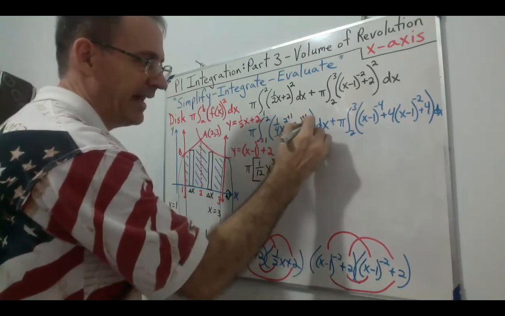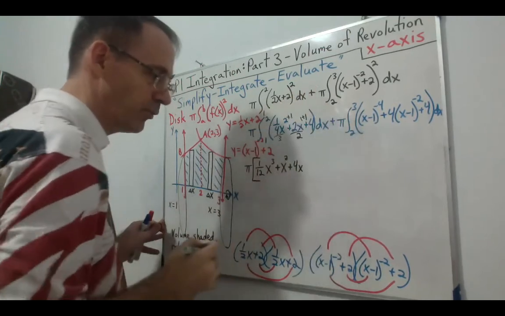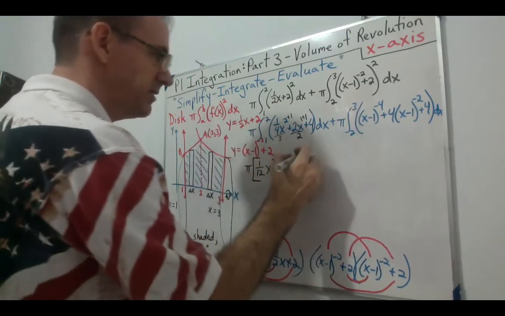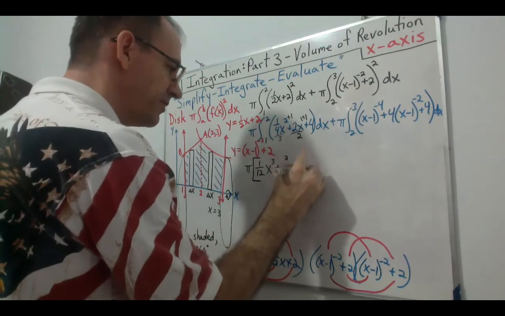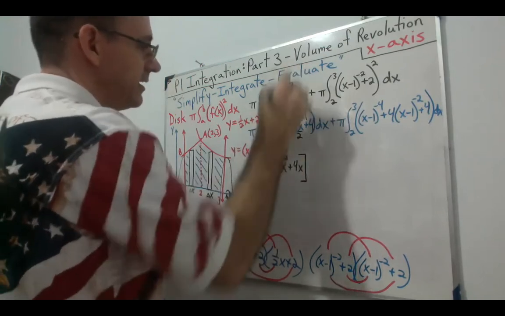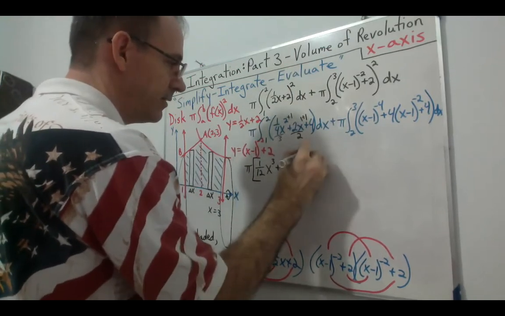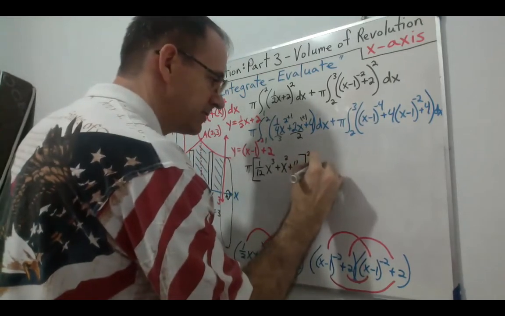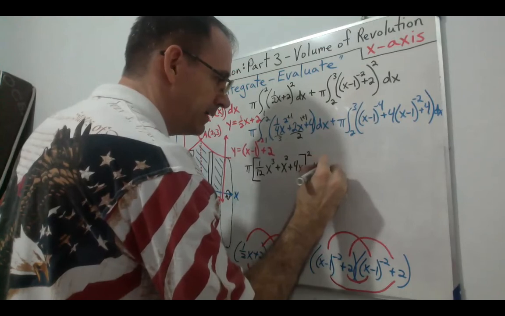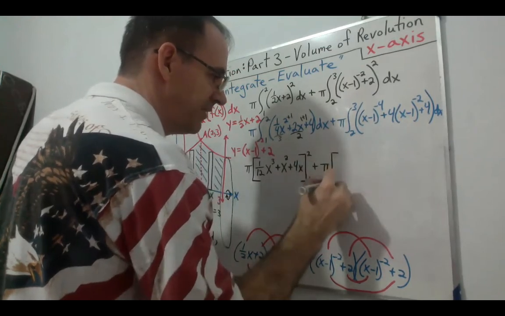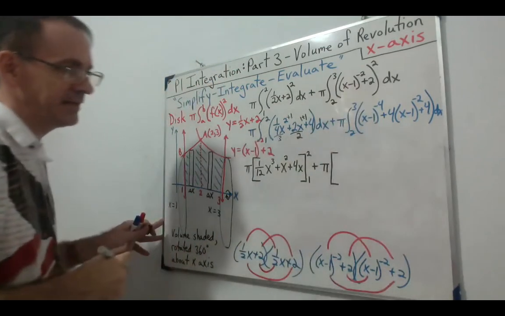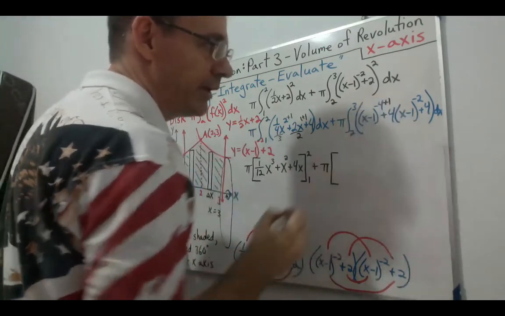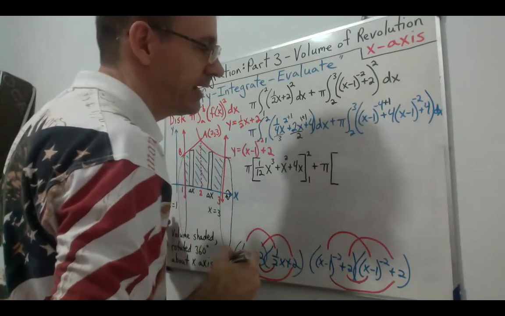So this is like an x to the 0 plus 1, you get 1 for your exponent for x, and your 4 is your constant. So this then will need to get evaluated from 1 to 2, okay? Plus pi, and again, we're integrating so we can get rid of that integral sign. Add 1, we now have -3.